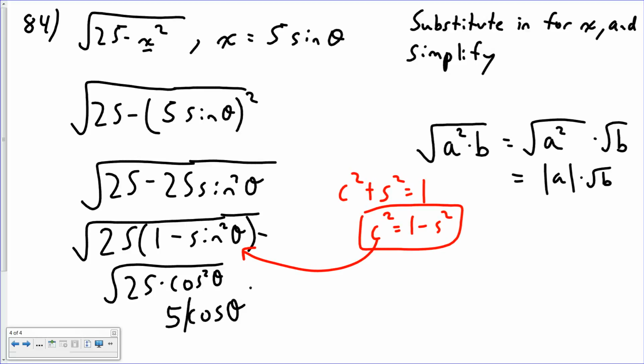The reason why they have an absolute value around the cosine theta is because the result has to be positive. Up at the beginning, this means that you're going to have a positive number all the way down. It can't be negative when you take the square root of something.